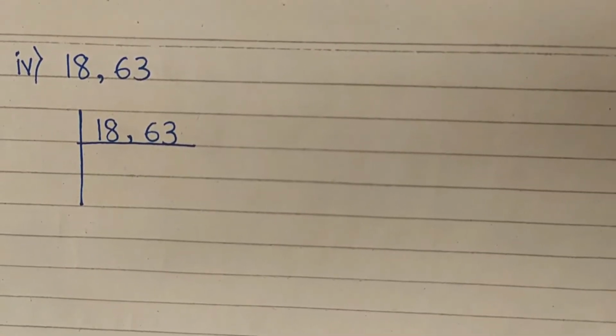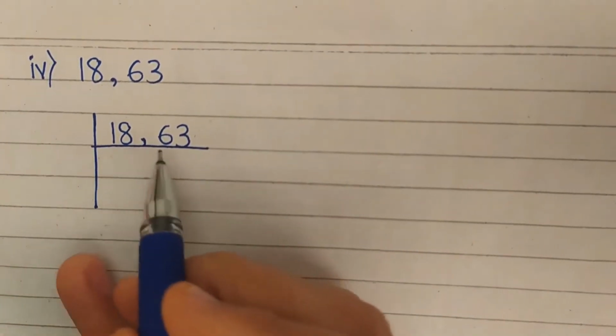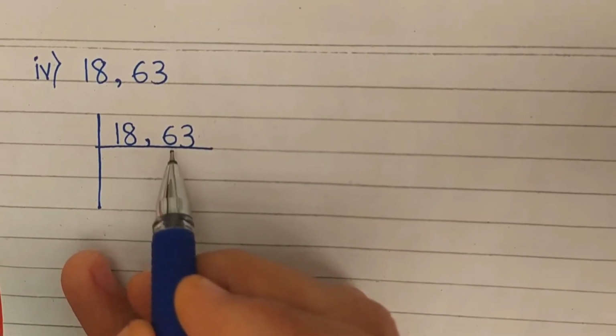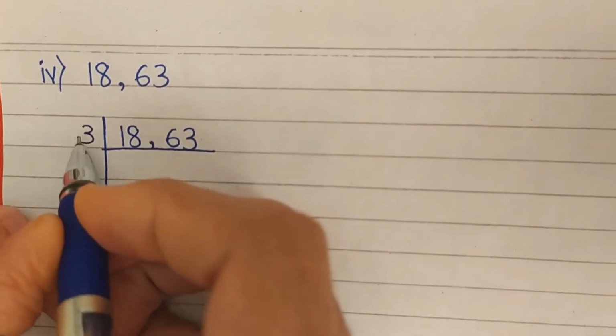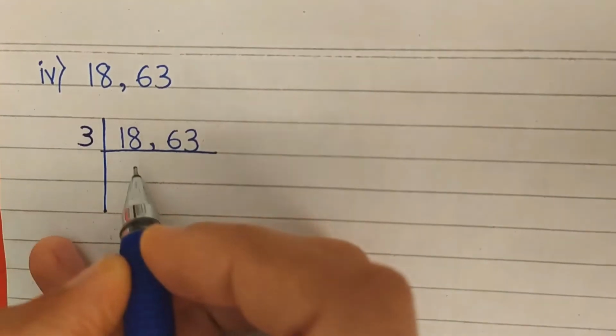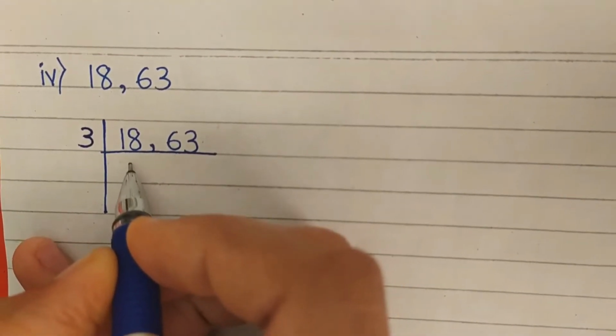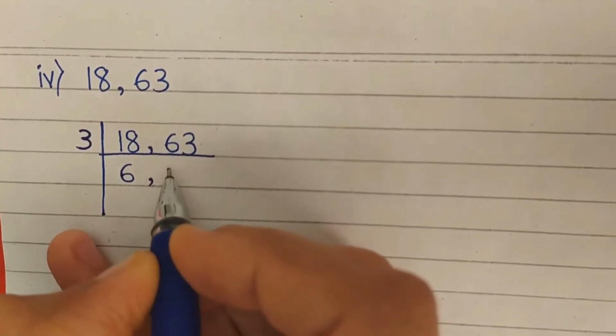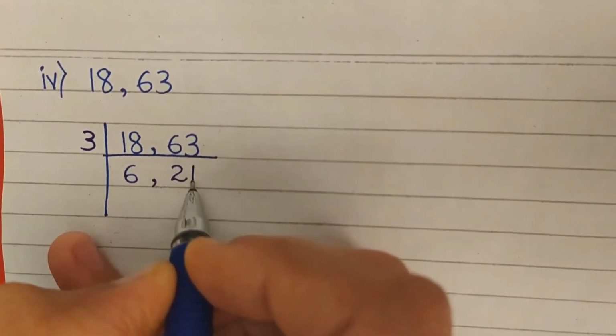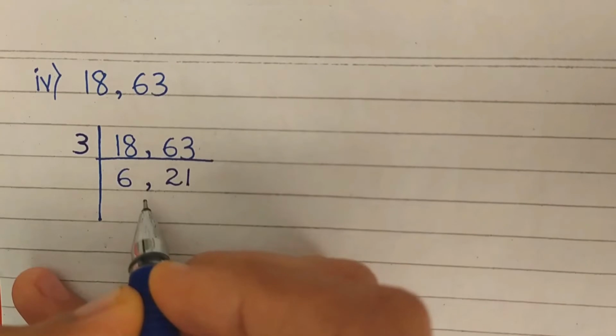Let's continue with sub question 4. Here we have to find out LCM and HCF of 18 and 63. Now 18 and 63 both are multiples of 3, so we can take 3 as a common factor. 3 6s are 18, 3 21s are 63.